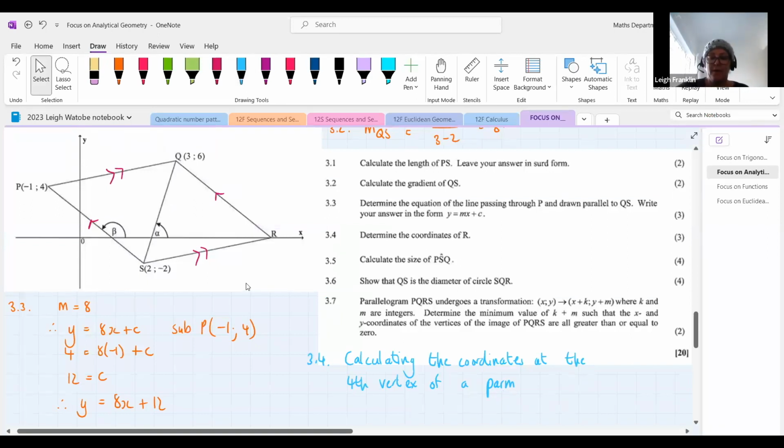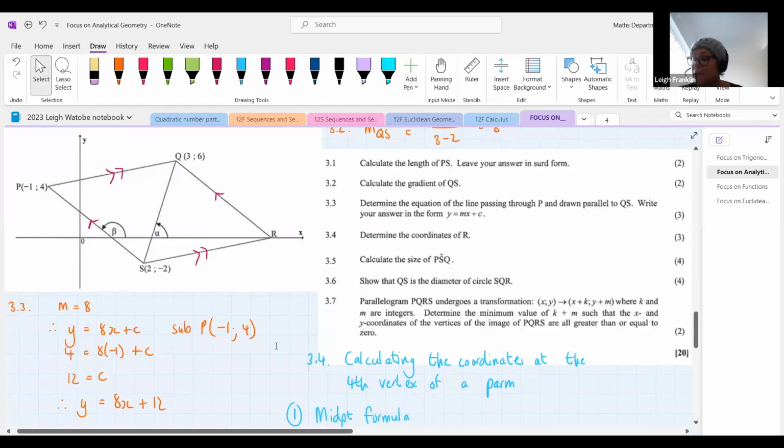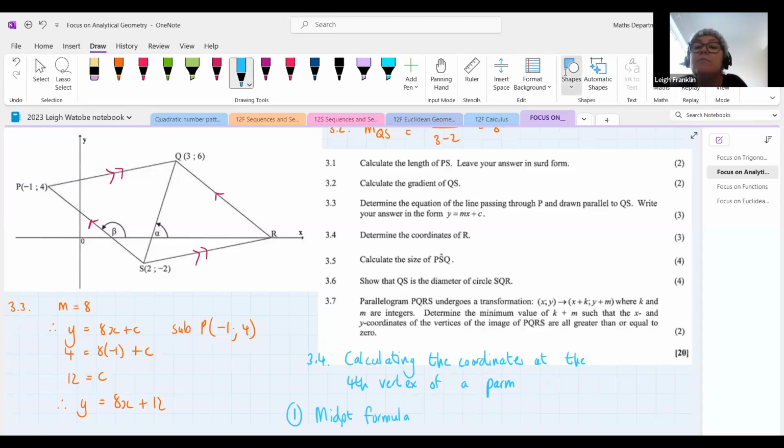The first way that you can do this, grade 11s and grade 12s, is using the midpoint formula. Okay. I know that the diagonal from P to R is not drawn, and you don't have to draw one at all. I'm just going to draw one so that we can look at something. But what do you know about the diagonals of a parallelogram? What do they do to one another?